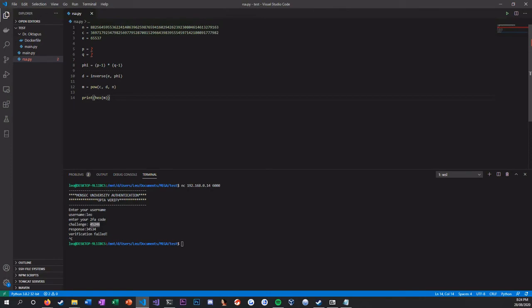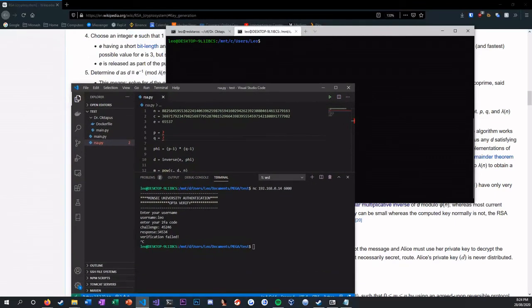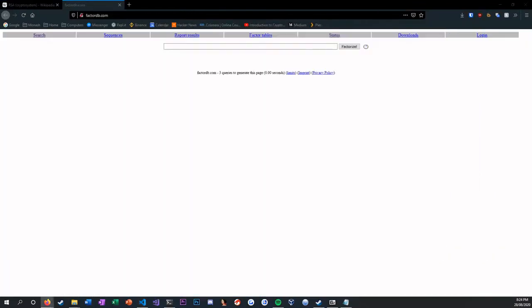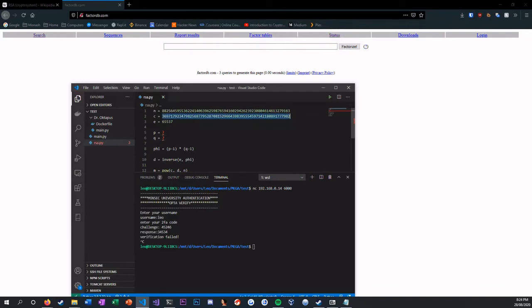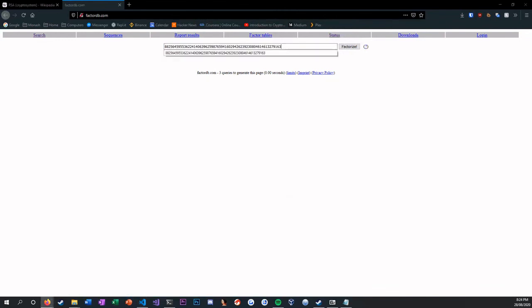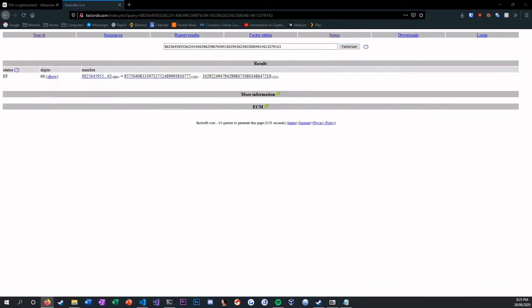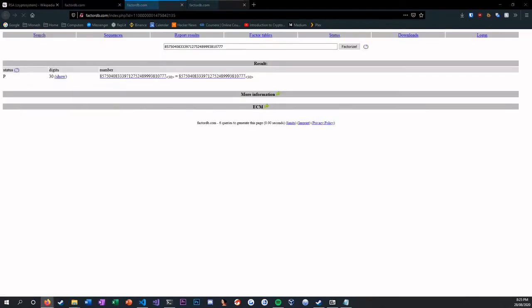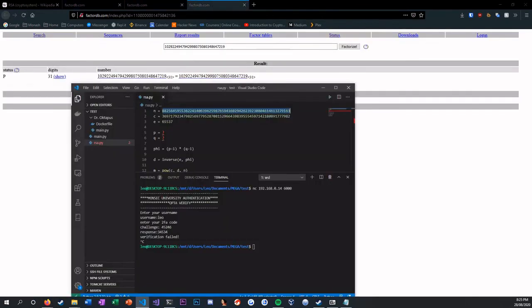And you're probably thinking, how do you actually find these values of P and Q? Well, the most efficient way, and the first thing you should always check in an RSA challenge, is to look at FactorDB. And if you check here, FactorDB already has these factors for you. So if you chuck both these numbers in here, you can calculate this.